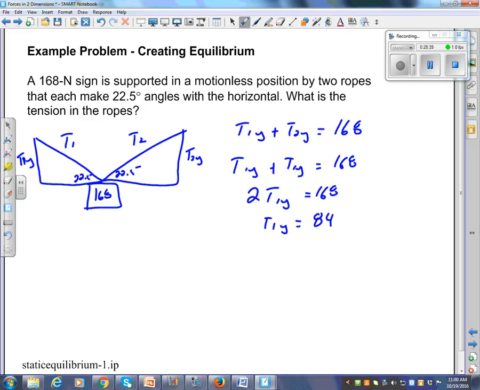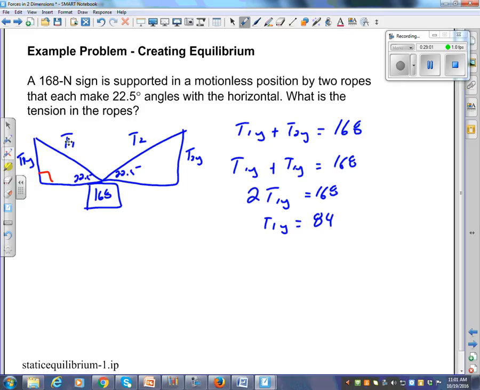Okay, but that's just the y component. So how do I get the actual value of T1? I've got T1Y, which is opposite, and I've got this angle. It's just grade 9 trigonometry. Opposite, hypotenuse.